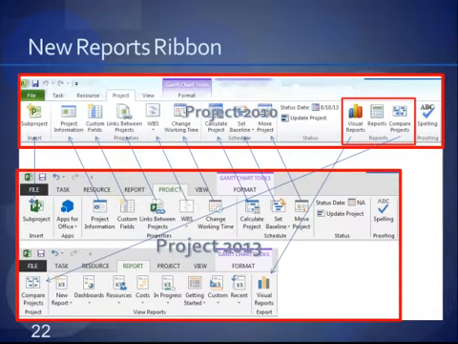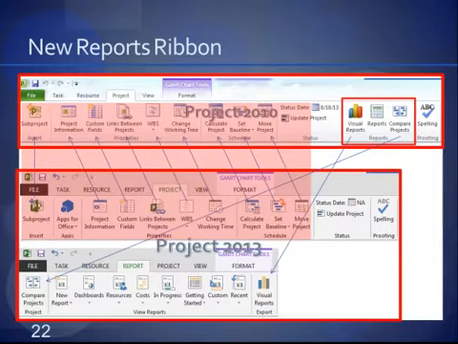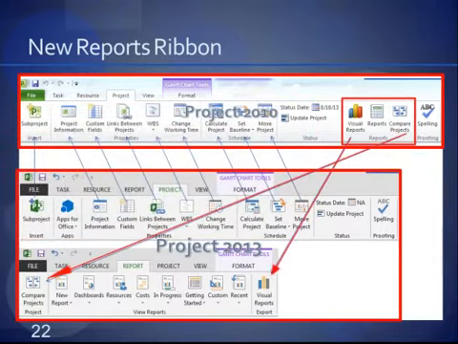But those icons, of course, leave the Project tab and go on the Reports tab in Project 2013. And as you can see here, all of the project icons that were in Project 2010 appear in Project 2013, with the exception of the Visual Reports and Compare Projects that was on the Project tab is now on a separate Reports tab in Project 2013.